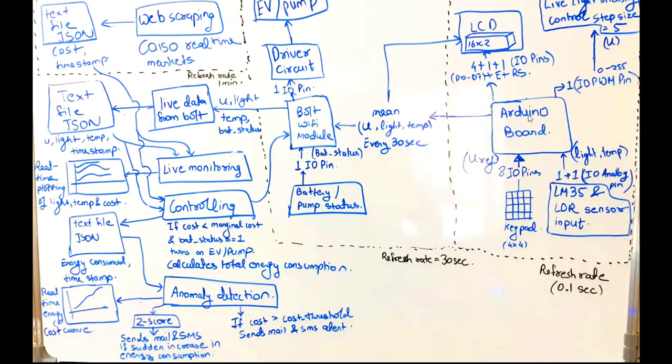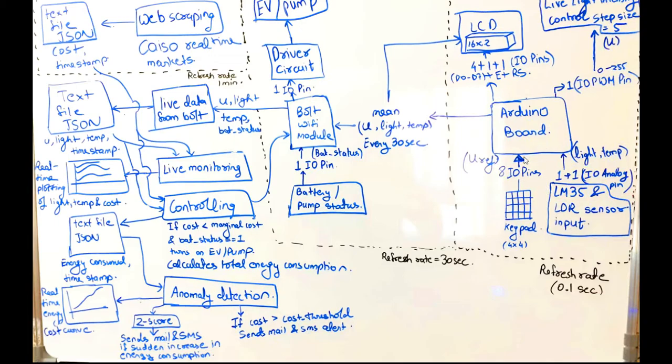And the Arduino code is written in such a way that it can control the light intensity by controlling the bulb or an LED array, as I have used a bunch of LEDs. It can control it using pulse width modulation, and it can modulate the light intensity of a room. This whole thing is happening at a refresh rate of 0.1 seconds.